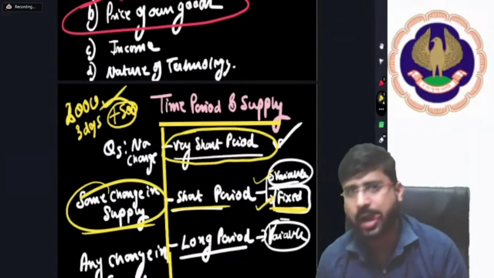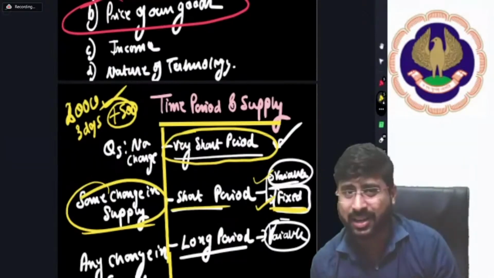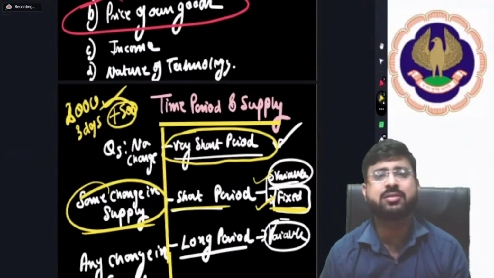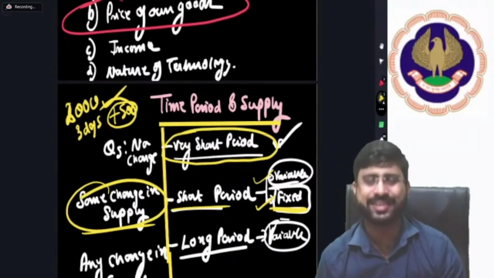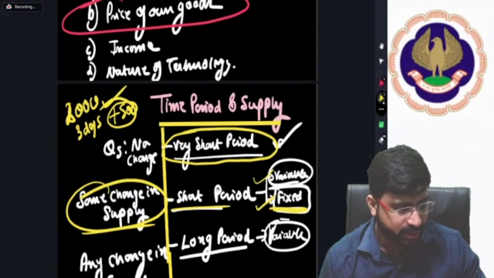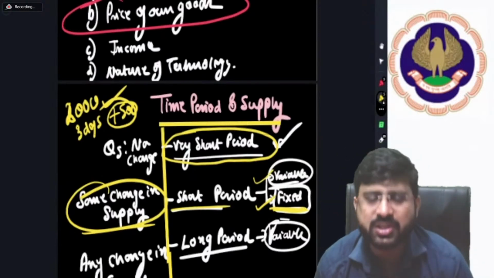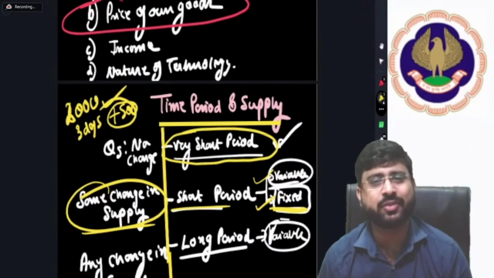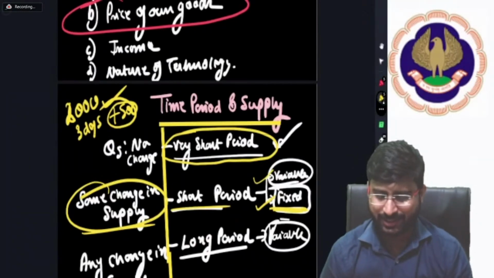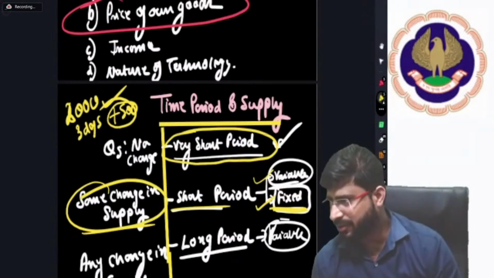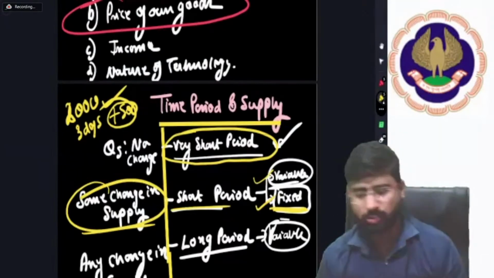Not a large change, but some change in supply is definitely possible. Is that so, sir? Yes, my dear friends, that is so. Okay, we got it, sir. Let's move on.